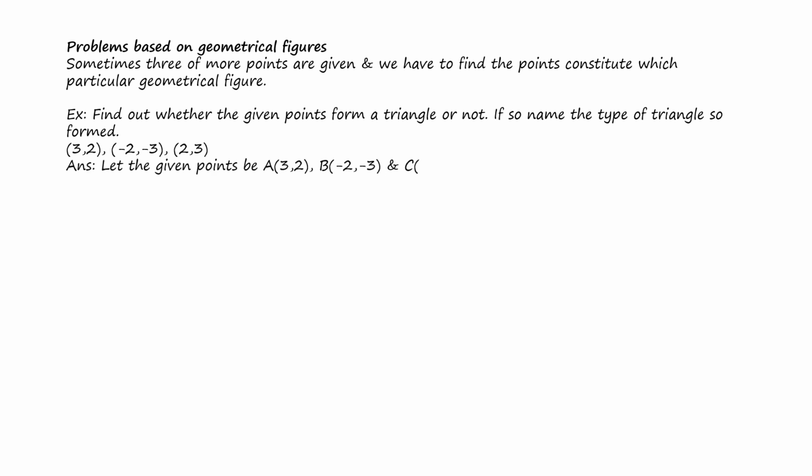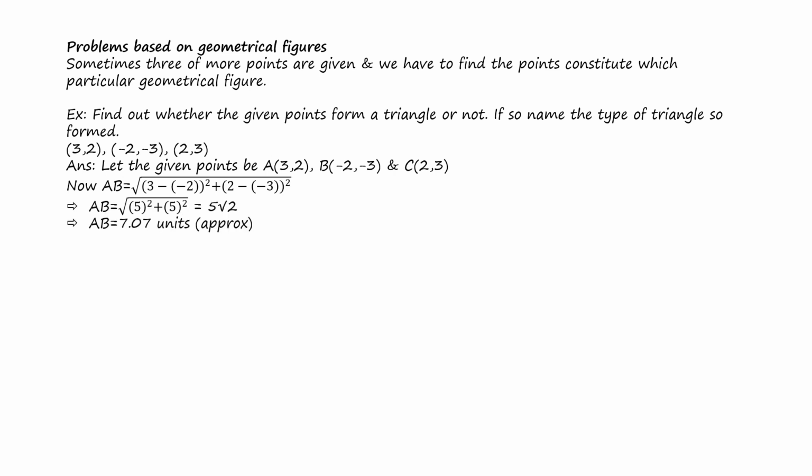Let the given points be A(3, 2), B(minus 2, minus 3) and C(2, 3). Now let's find the distance between the three points, that is AB, BC and AC. Now AB equals the square root of (3 plus 2) whole squared plus (2 plus 3) whole squared, which is nothing but 5 root 2, which is also approximately 7.07 units.